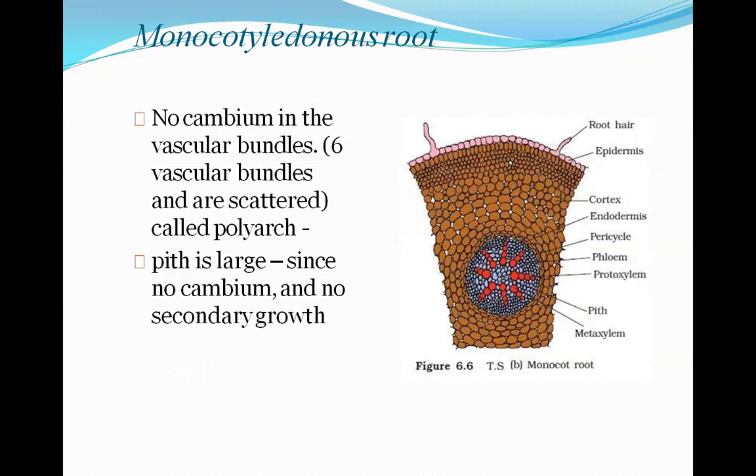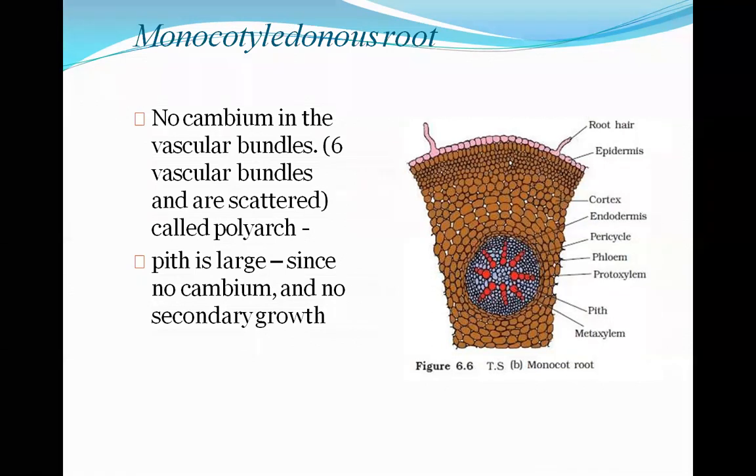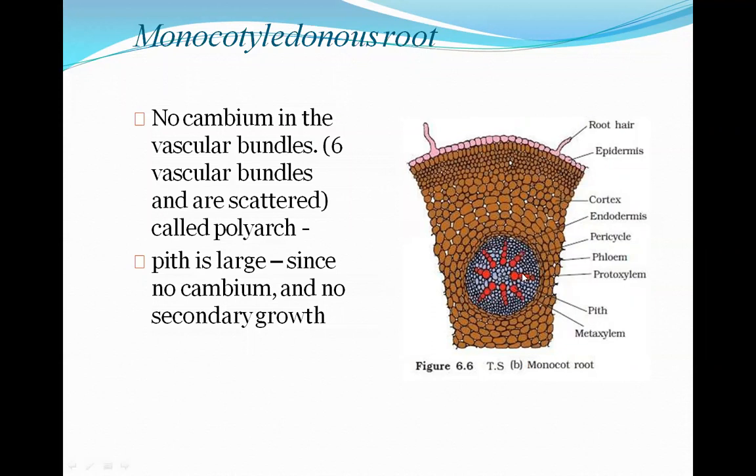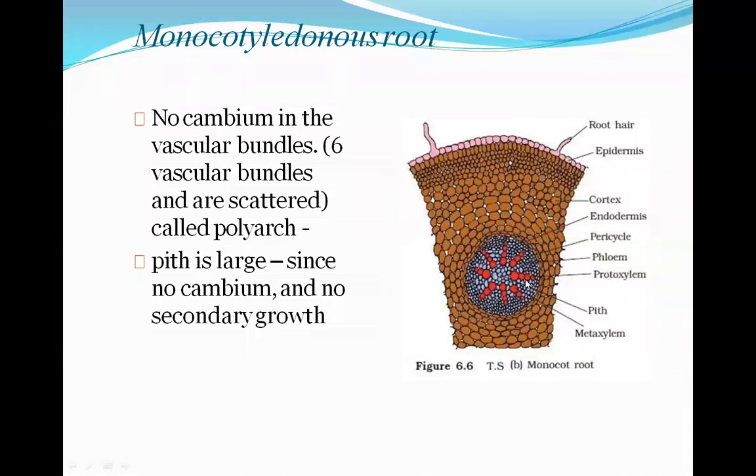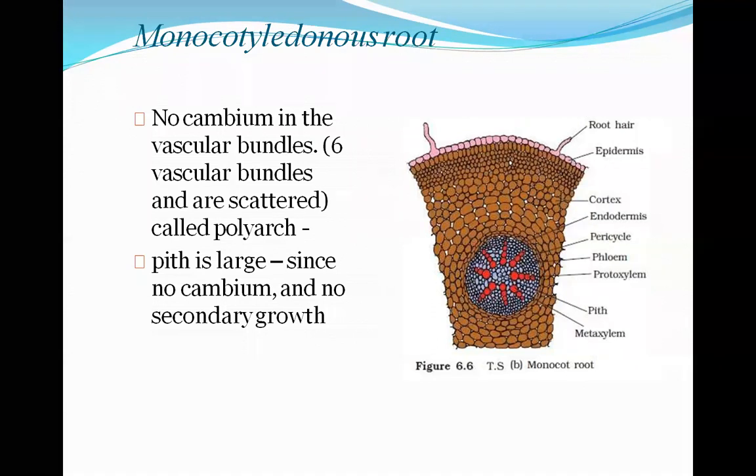But when we are talking about the monocot root, there is no cambium, and for this reason no secondary growth is observed here, right? So no cambium is present in the vascular bundles. That means there is no cambium ring present between the xylem and the phloem.